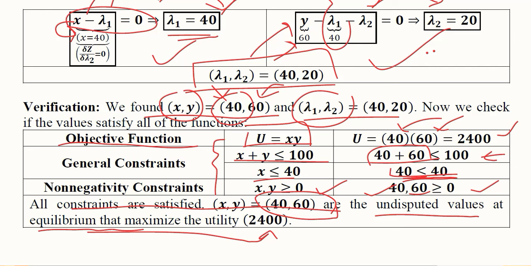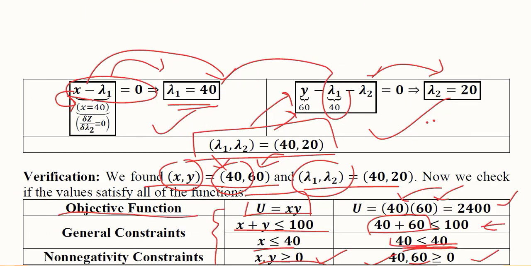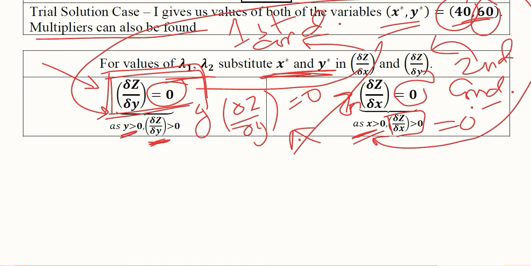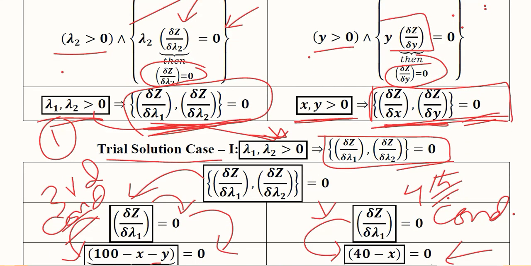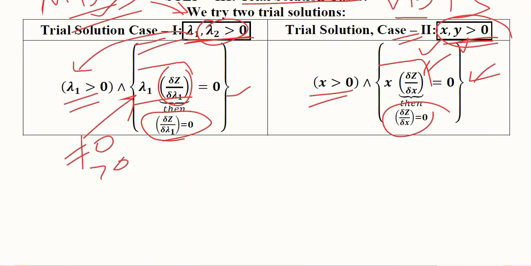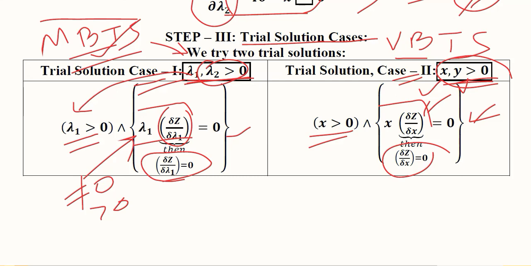So this is how we do the nonlinear programming. We took a maximization situation of a utility function for which there were multiple, that is two, constraints. Two constraints were developed for making the justification of non-negativity, and there were two multipliers found, that is lambda 1 and lambda 2, and we used the complementary slackness condition to find their values, and we also resorted to trial solutions, which were based on the variables and multipliers, that is multiplier based trial solutions and variable based trial solutions.